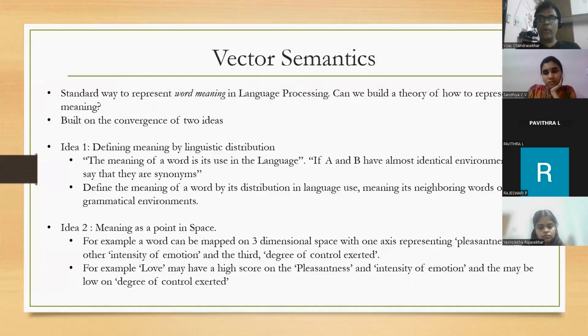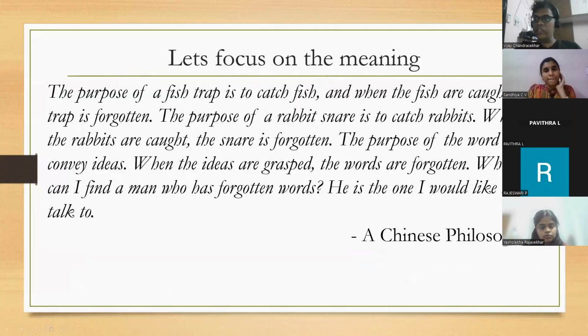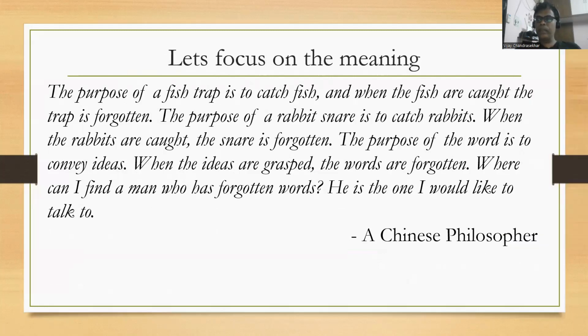So a Chinese philosopher said this, I'll read it to the audience. The purpose of a fish trap is to catch fish. And when the fish are caught, the trap is forgotten. The purpose of a rabbit snare is to catch rabbits.